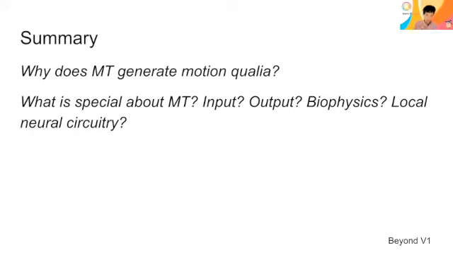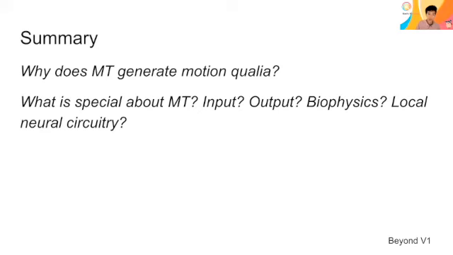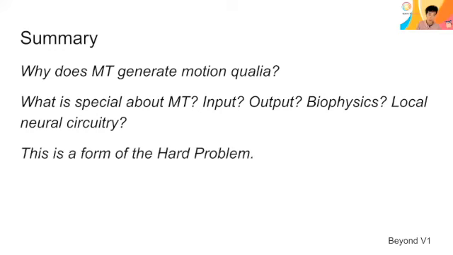Although I described the columnar organization, the detail may not be as simple as the figure suggested. Without knowing this, it's very difficult to say why MT has to generate motion qualia. That's part of the hard problem.